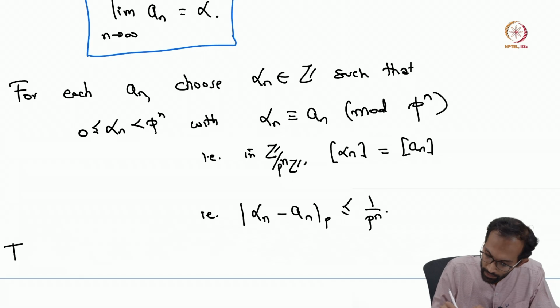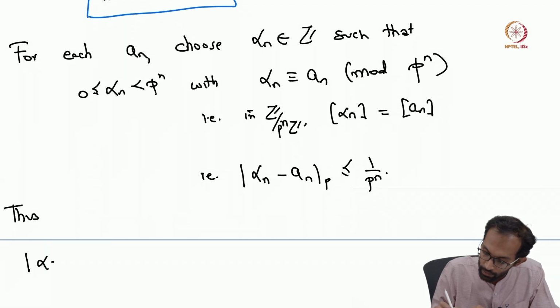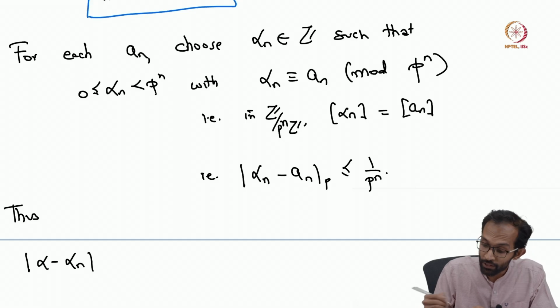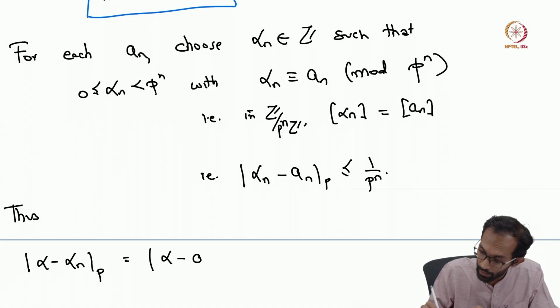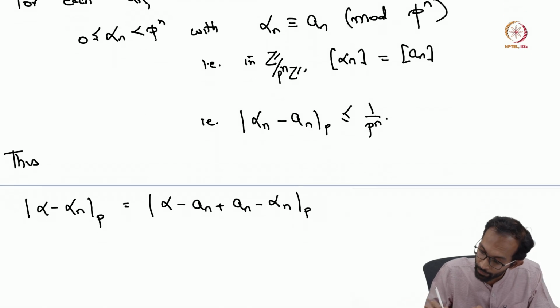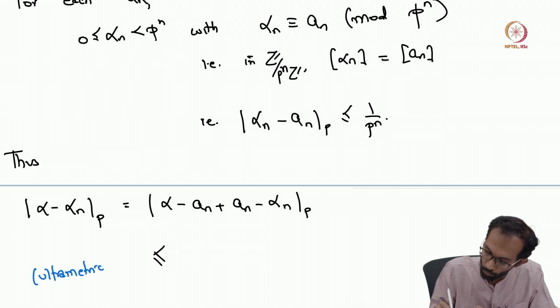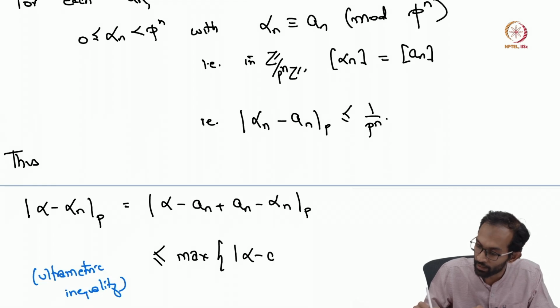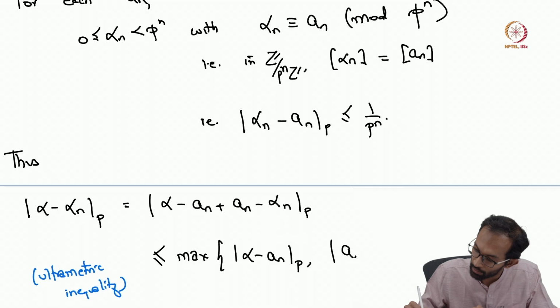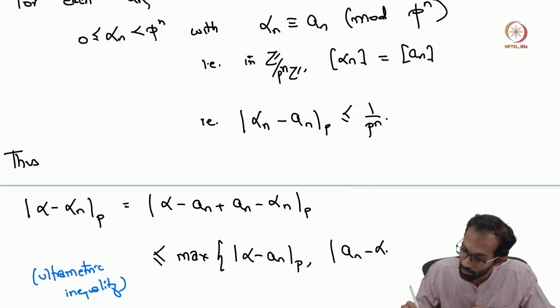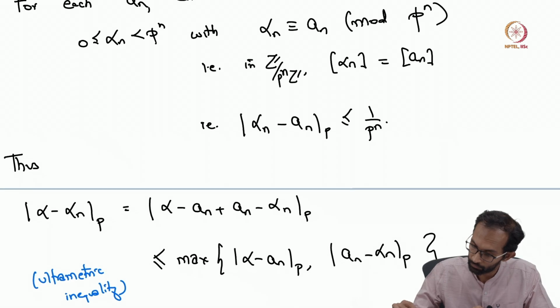And so thus, if you look at the difference of alpha and alpha_n in p-adic absolute value, you play this trick of adding and subtracting a_n, and use the ultrametric inequality. You get that this is less than or equal to the maximum of the p-adic absolute value of the difference of alpha and a_n, and the p-adic absolute value of the difference of a_n and alpha_n.